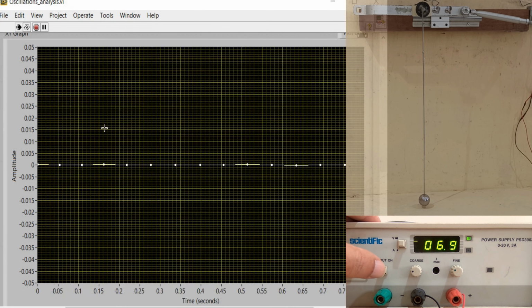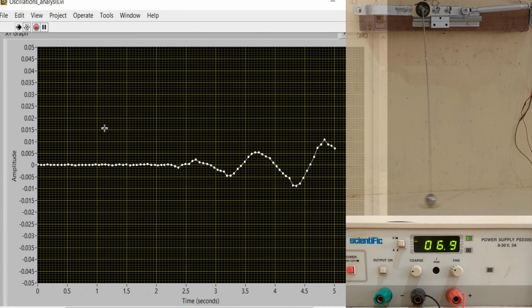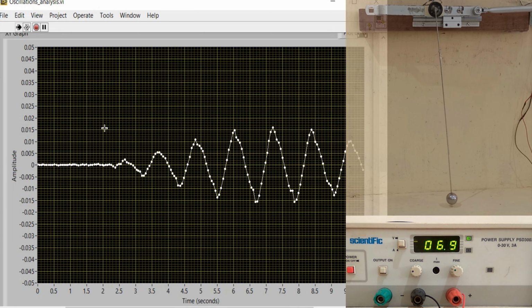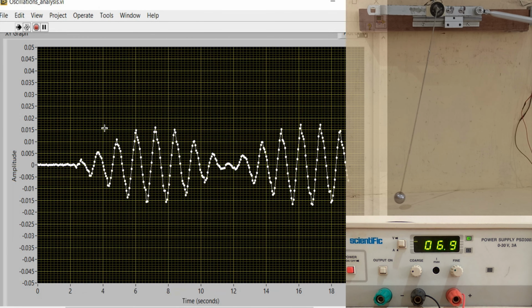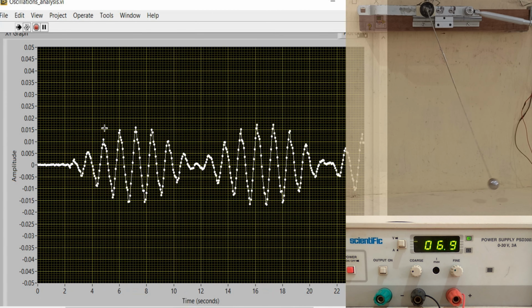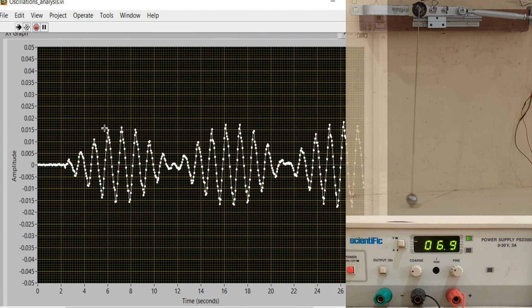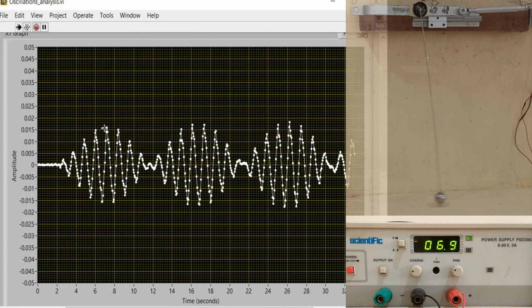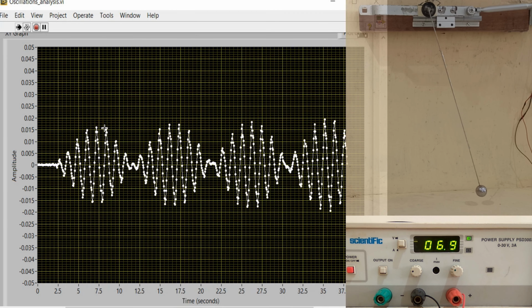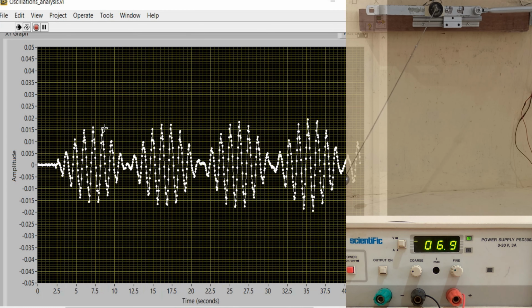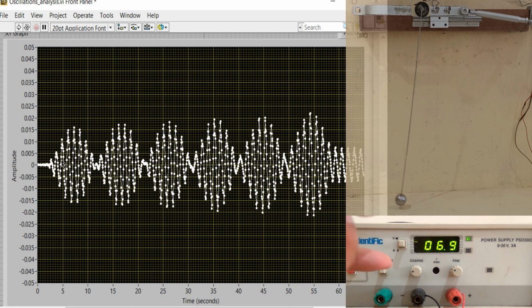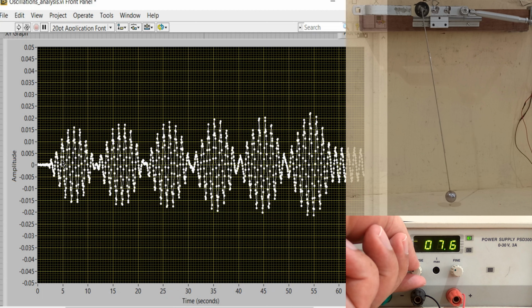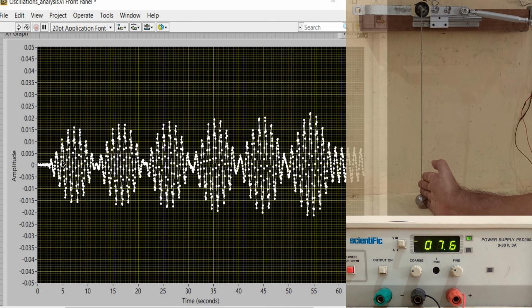I run my program. Now we go higher, let us say 7.6, and see what happens. So here I stop it at the mean position, run the program and switch it back.